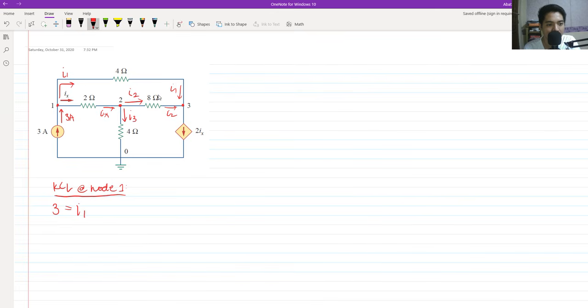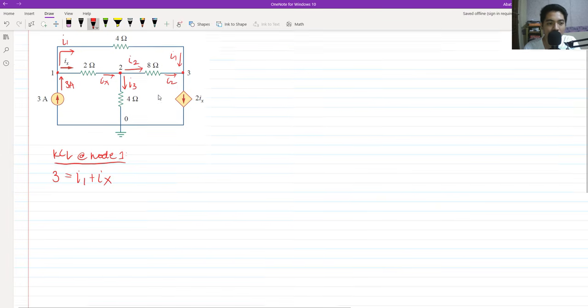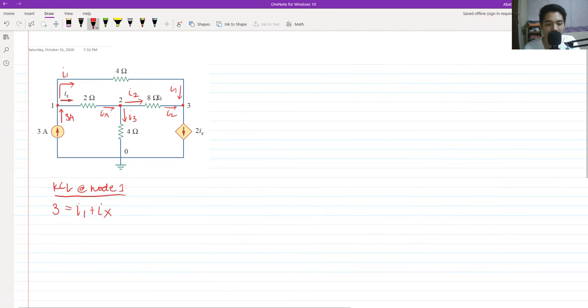By Ohm's law, we express this in terms of node voltage, V over R. I sub 1, from node 1 to node 3, is the potential at V1 minus the potential at V3, passing through 4 ohms, so V sub 1 minus V3 all over 4.